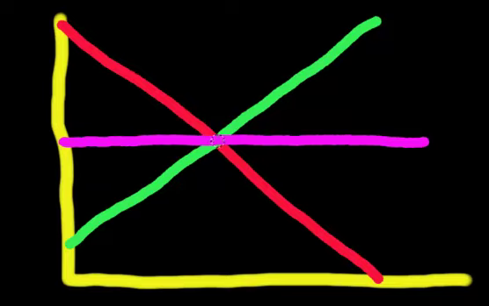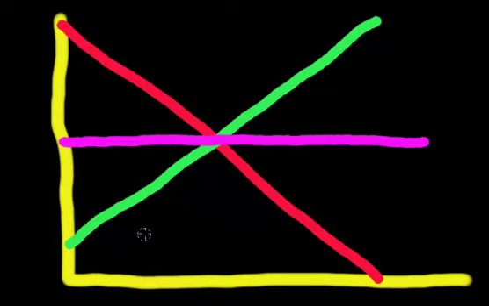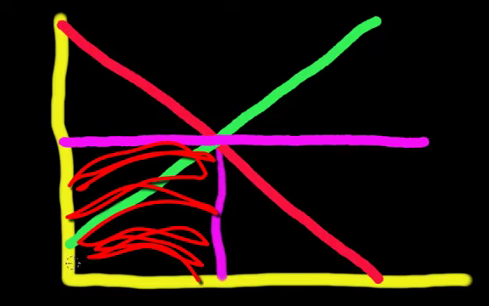However, when they stop producing at that point, the total amount of benefit they get is given by this triangular region. Okay, this triangular region means that they are able to benefit from the sale of all of this box area right here, right? That's all the revenues they get in.